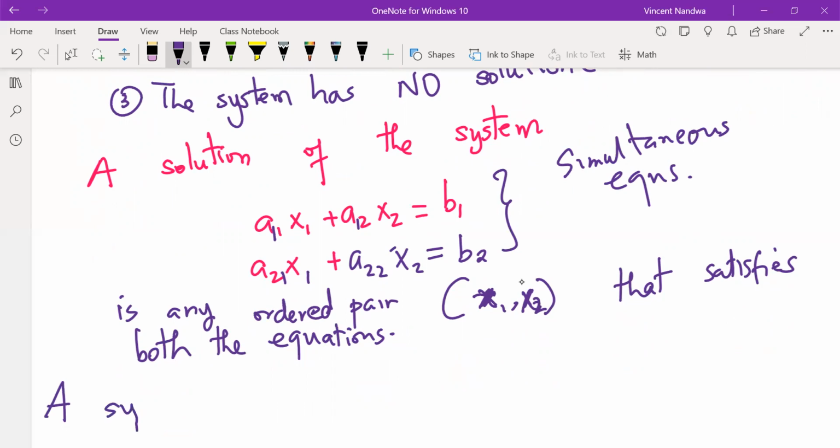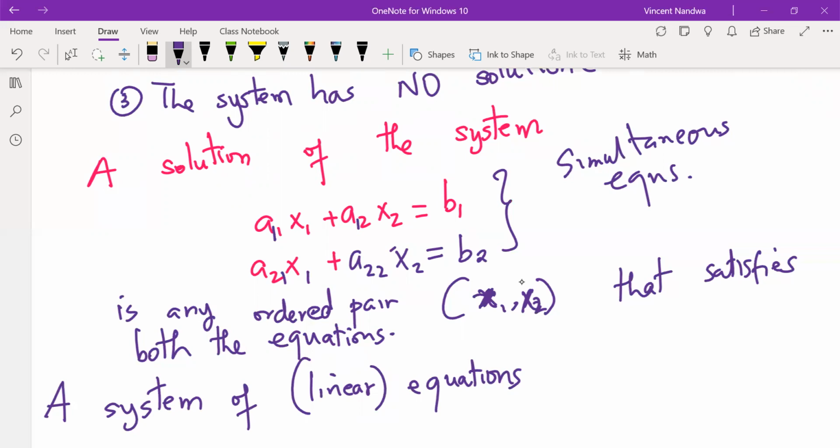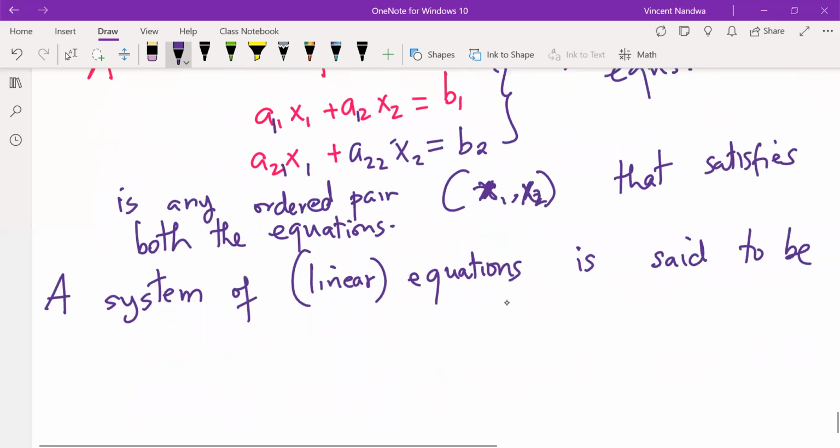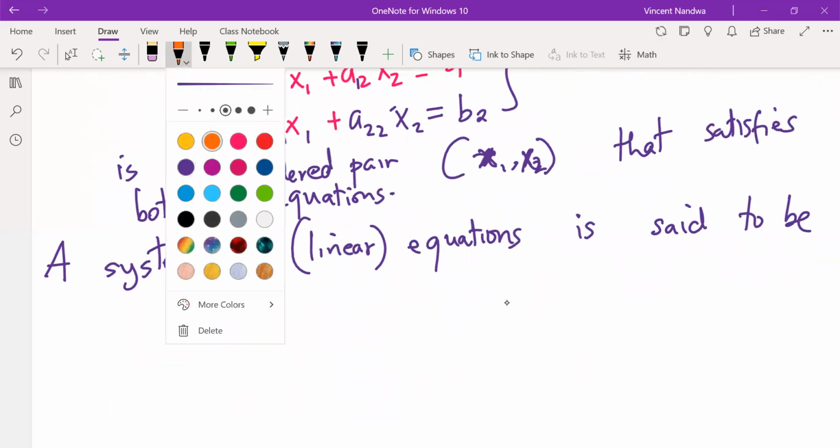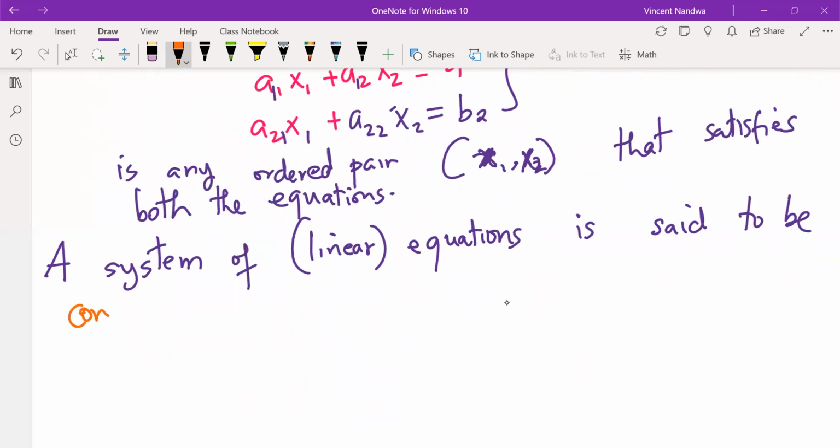A system of linear equations, actually can be linear equations or just any other equations, is said to be consistent if it has at least one solution.